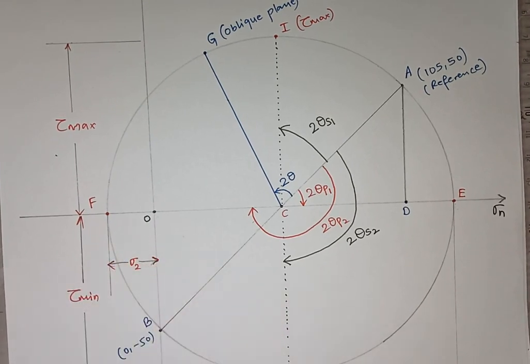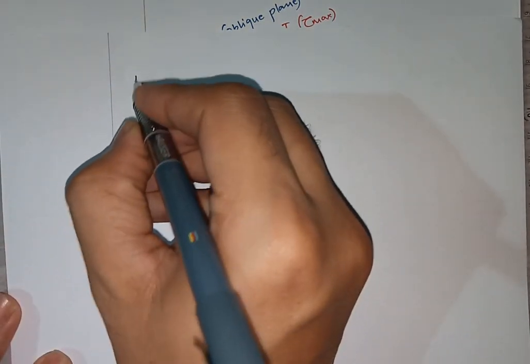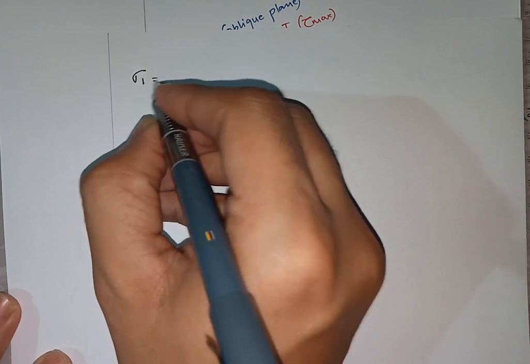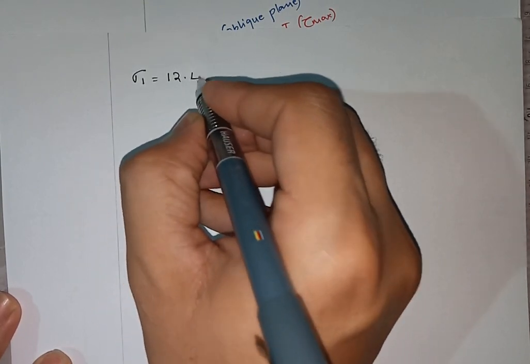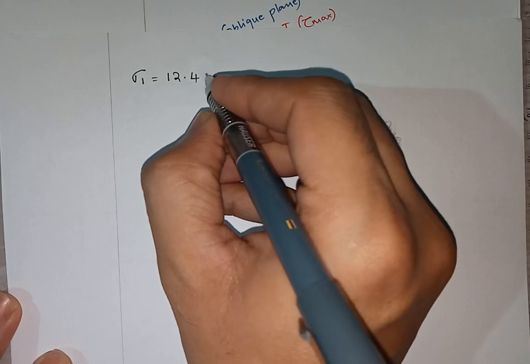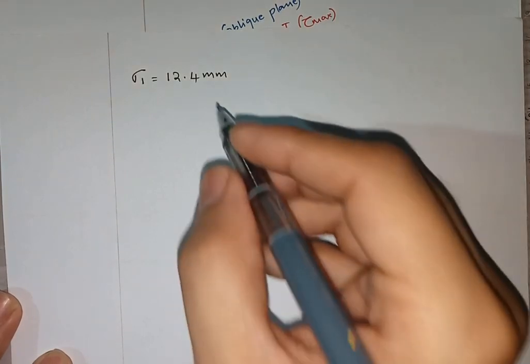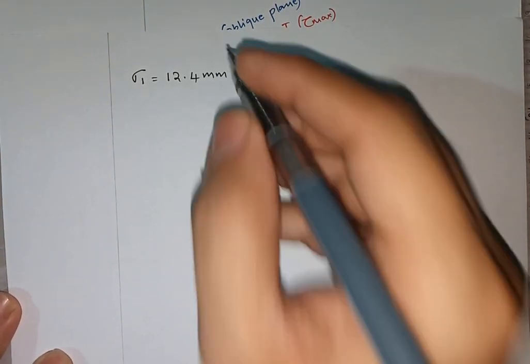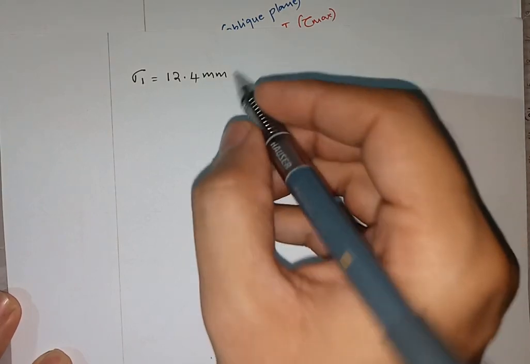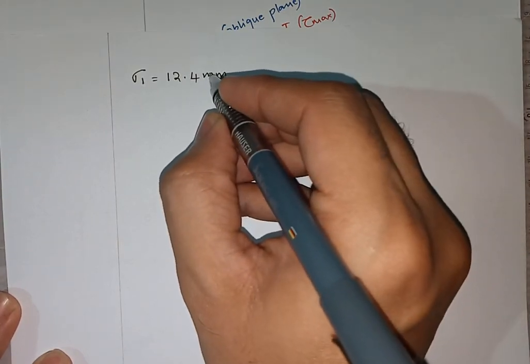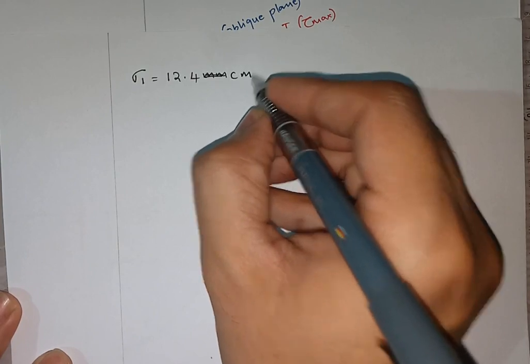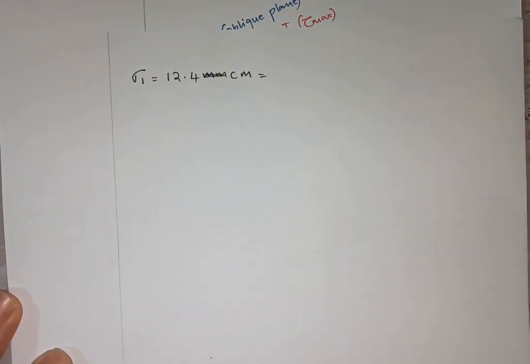So value of sigma 1 is 12.4. Okay, I'll be writing things here on this sheet. Value of sigma 1 is 12.4, it is centimeter, 12.4 centimeter.